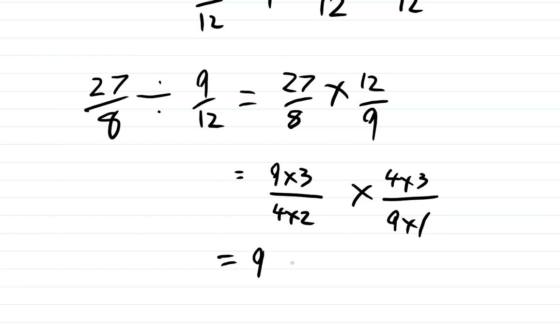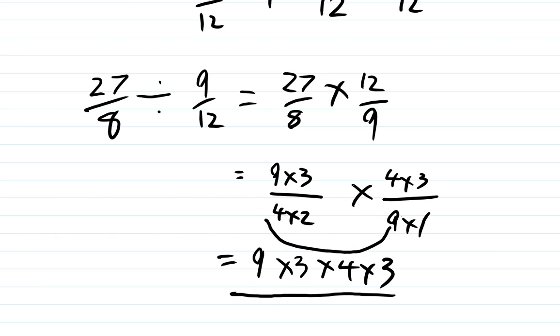You have 9 by 3 by 4 by 3 over. This is the same as, you can put 9 out here, no problem. 9 times. Now you could put this 4 out here, so it falls under this 4. 4 times, and then you have the 2 there.